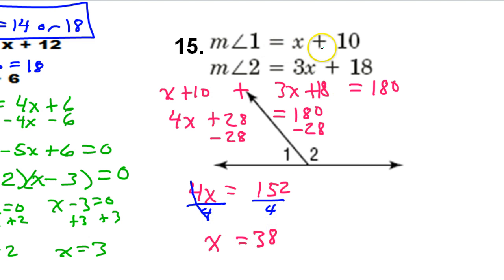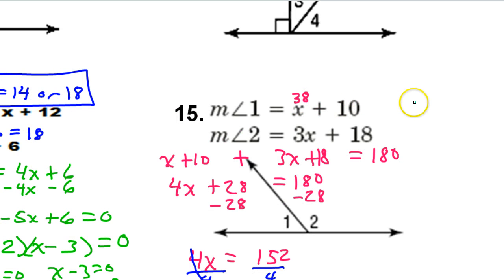Alright, but we're supposed to find the measure of angle 1 and the measure of angle 2. So if I plug in this 38 right here, that gives me 38 plus 10, so that's 48. So that's one answer: the measure of angle 1 is equal to 48.